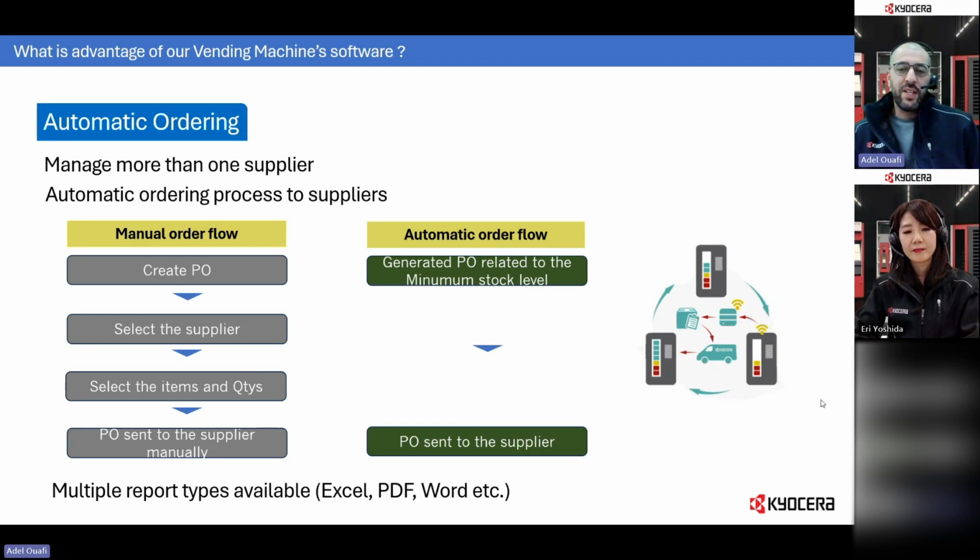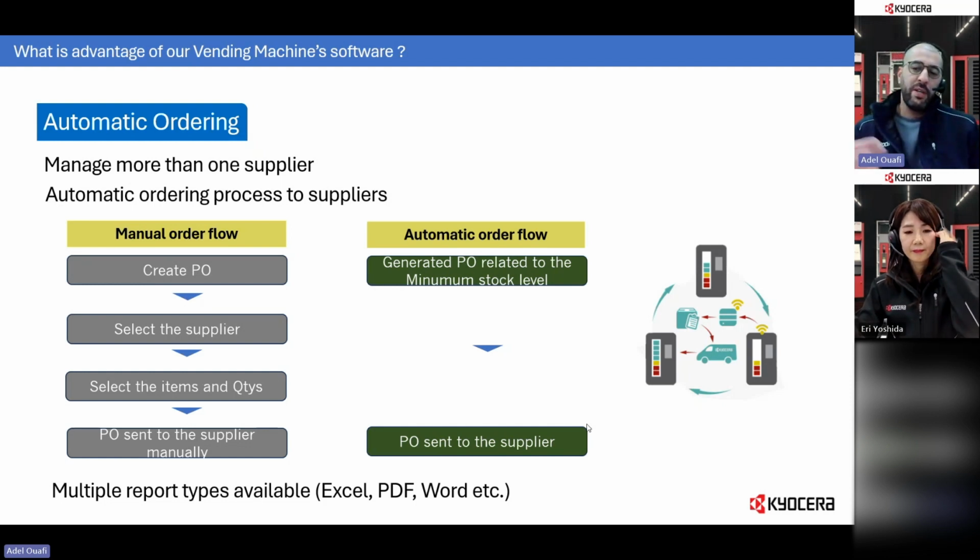Okay, so here you can see the flows of the ordering types. On the manual order flow, as you can see, there are several steps. And on the automatic one, it's running, let's say, behind the scenes. The function generates orders according to the minimum quantities that you have already set for each item.